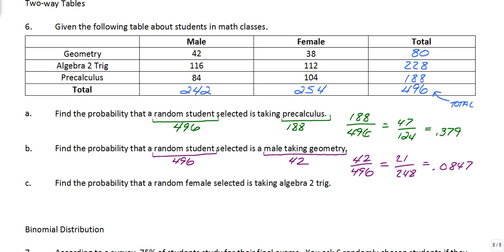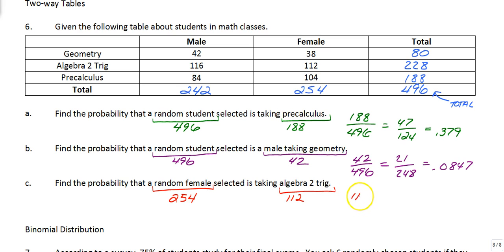Okay? And the last one. Find the probability that a random female, so this time it's not talking about a random student. It's just talking about a random female, which in this case is 254 females. And that the female is also taking Algebra 2 trig. So now we have to just go find 112 female Algebra 2 trig students.